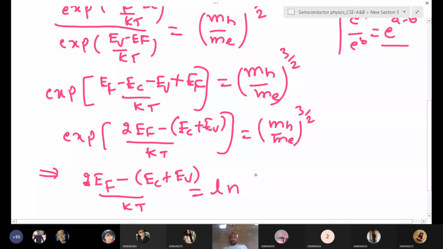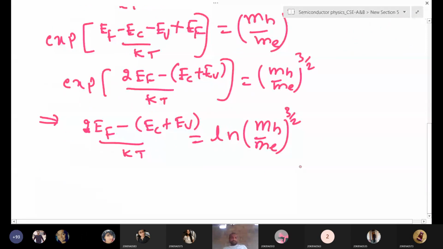Okay, MH by ME. We'll further write EF. Just EF is equal, here this KT will cancel out, so this 2 also comes here. Okay, EC plus EV by 2 plus 3 by 4 KT ln of MH by ME.